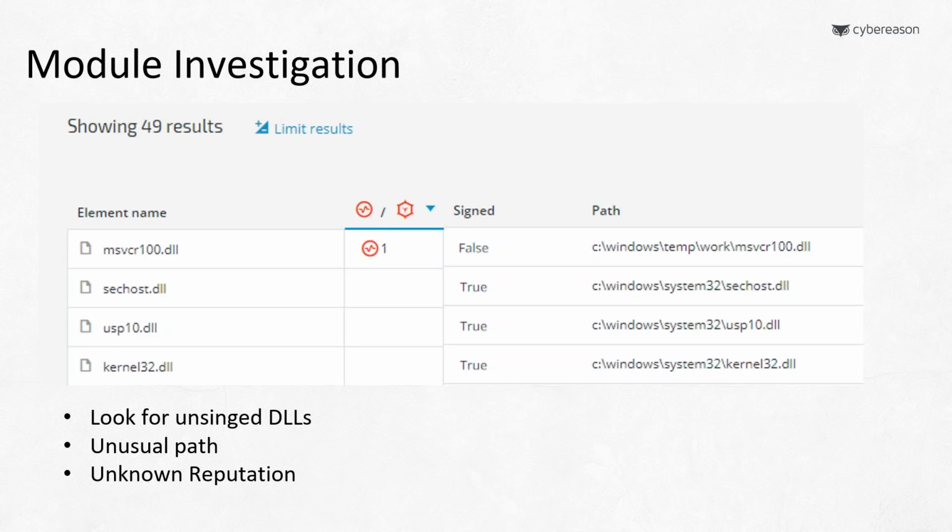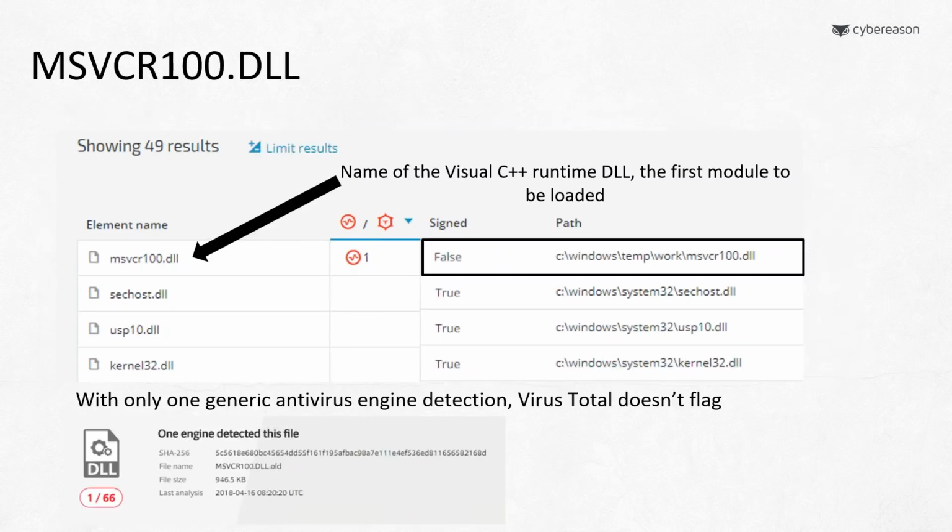The main one, I guess, is C Windows System 32. This one is running from C Windows temp /work folder, which is strange. And so we decided to focus on this specific DLL.